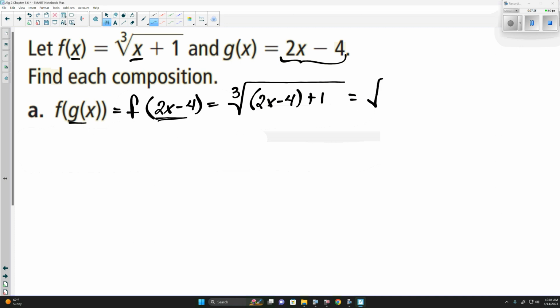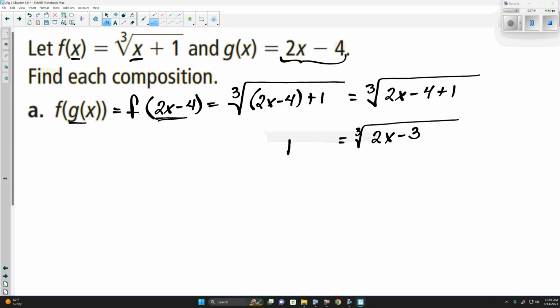We can drop the parentheses, telling us that we have the cube root of 2x minus 4 plus 1, which is telling us that we have the cube root of 2x minus 3. So f of g of x is the cube root of 2x minus 3.